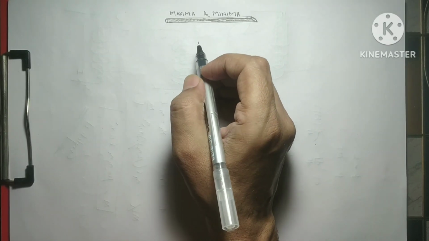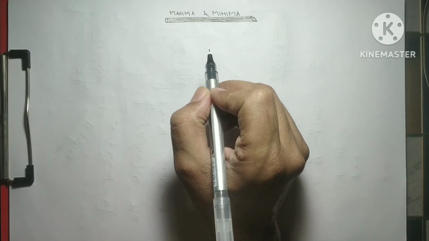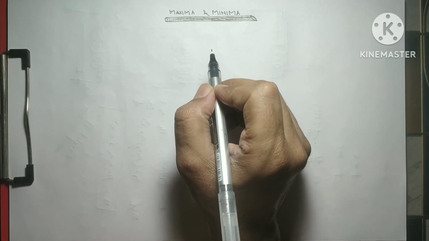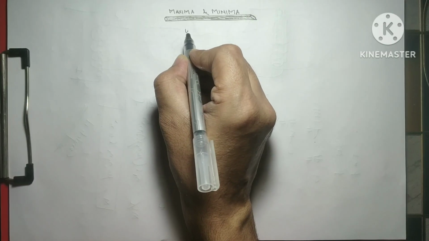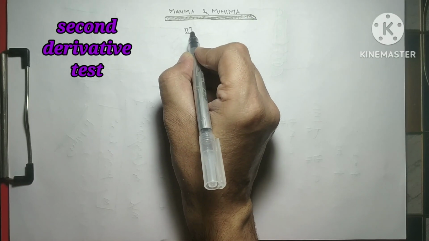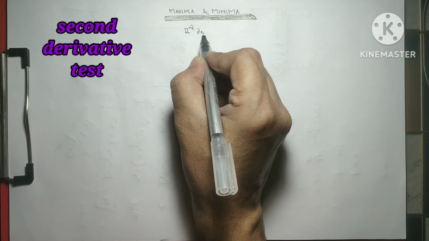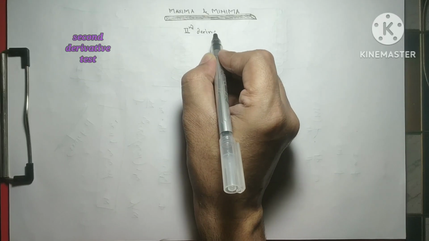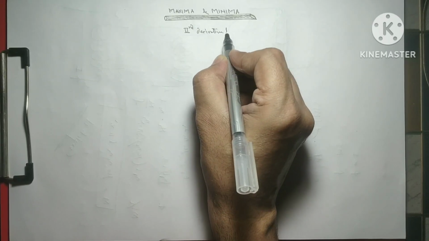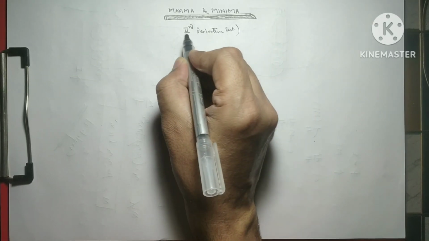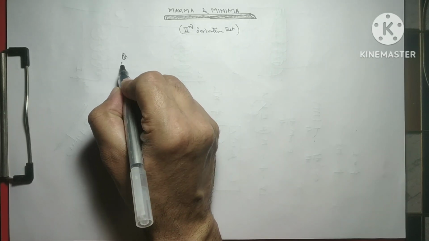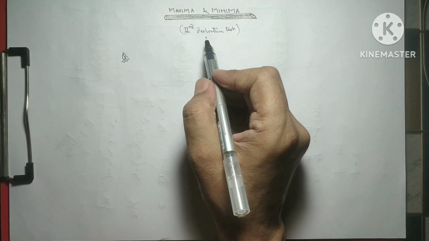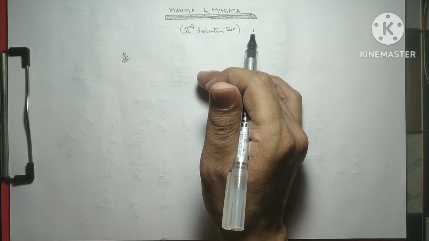So we will use the second derivative test, right? We know the method. We have an equation of a function.